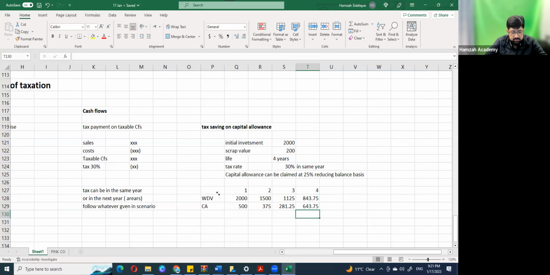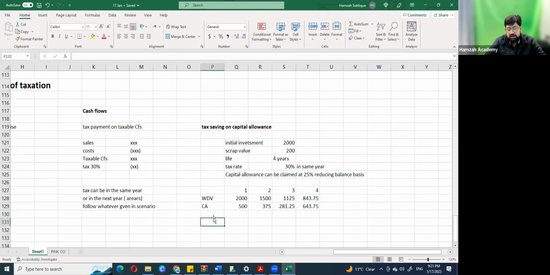Student, capital allowance calculation is clear. Yes, please. Everyone, is it clear?